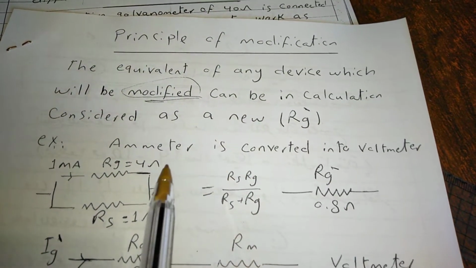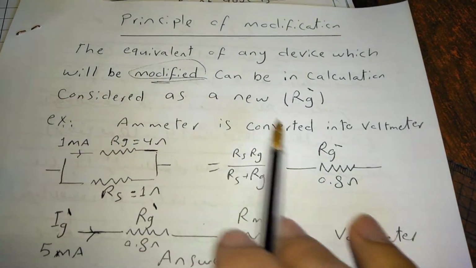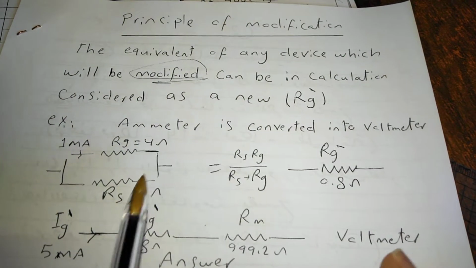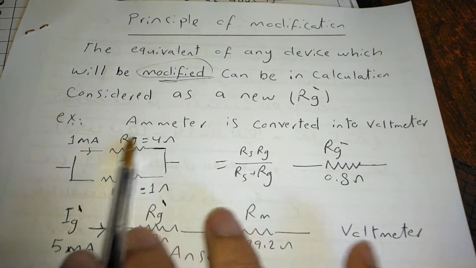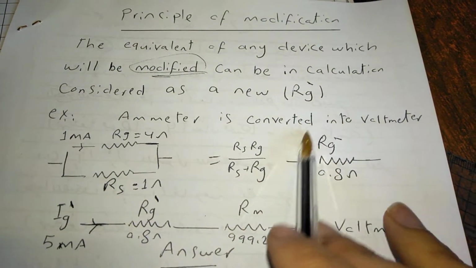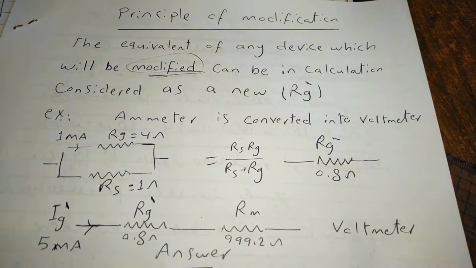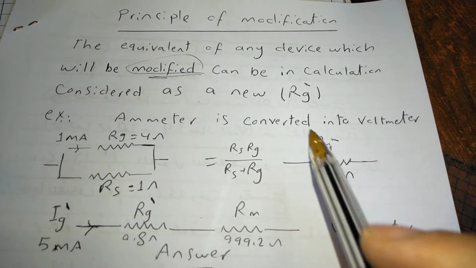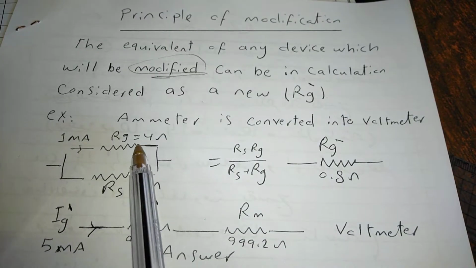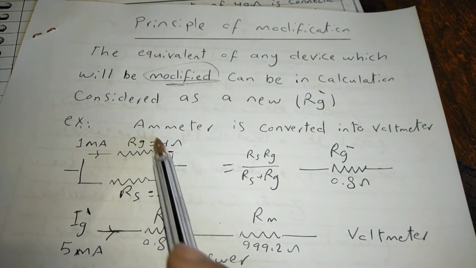For example, if I am going to convert the ammeter into a voltmeter, I have to collect the equivalent of the ammeter to be considered as an RG dash, unless I'm going to solve it incorrectly and have a wrong answer.